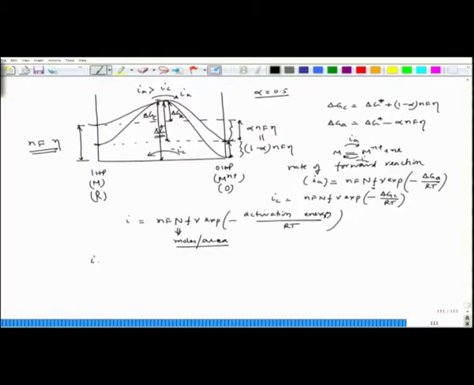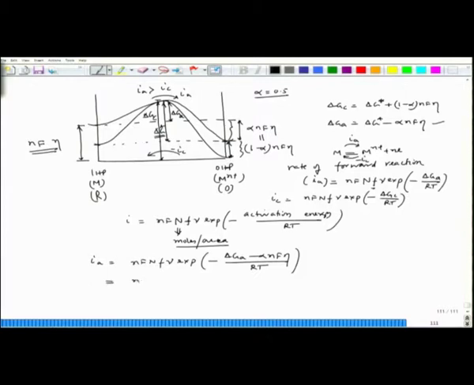So, now IA equals NF NF nu exponential minus delta GA, I am just replacing these values, minus alpha NF eta divided by RT.